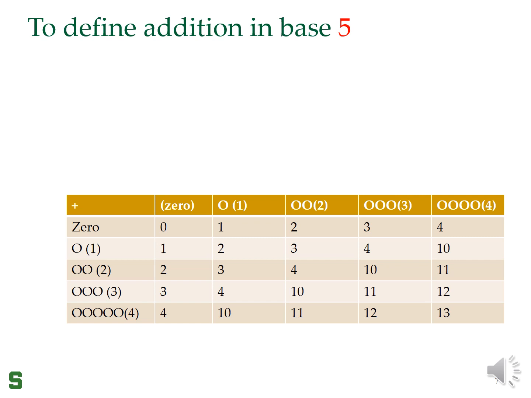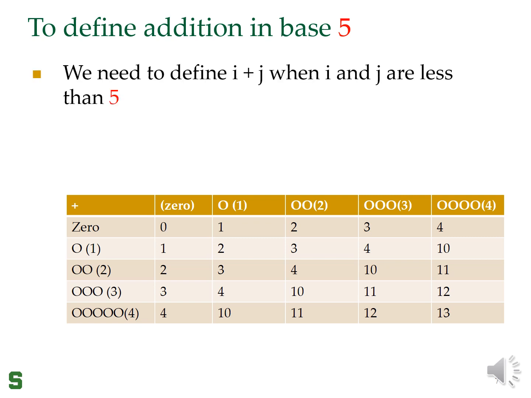So let's try to do this with base 5. In base 5, we need to know the value of i plus j when both of them are less than 5. Things like 3 plus 4, 0 plus 3, etc. So if I look at this one entry, here I'm adding this object, which was 2, with this object, which was also 2, that gave me this object, 4.